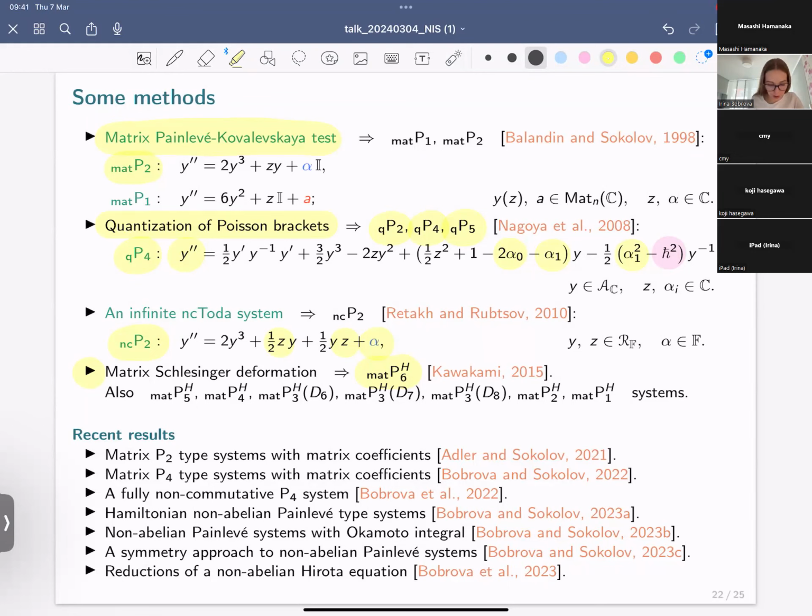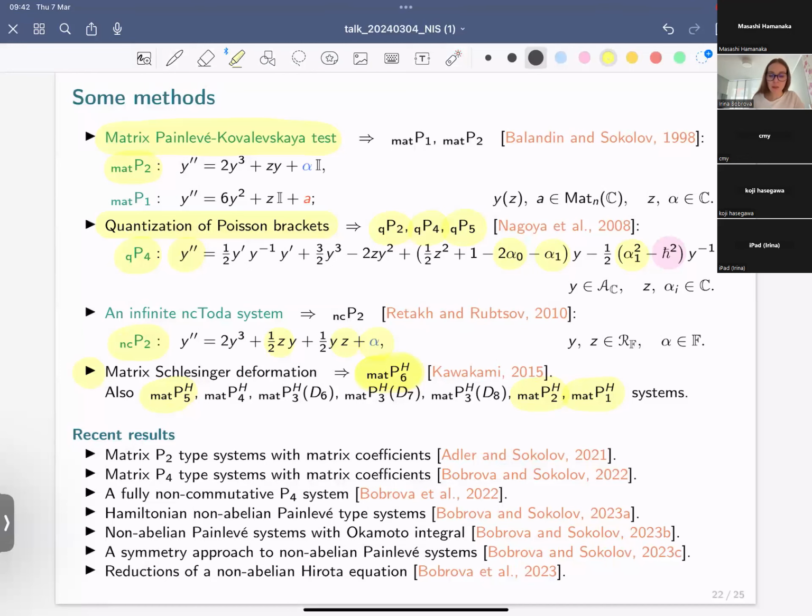So even in this case, we can start from matrix Painlevé 6 equation, do some limiting procedures, and obtain matrix analogs for other Painlevé equations. In fact, matrix Painlevé 2 and matrix Painlevé 1 coincide with those obtained in the paper by Bolibrukh and Sokolov. Sorry, but without this arbitrary matrix A.